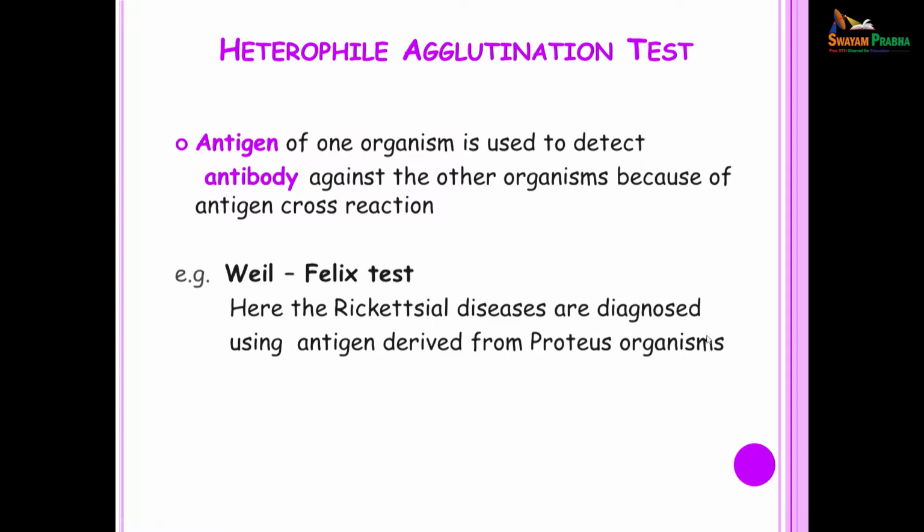In the Weil-Felix test, rickettsial diseases are diagnosed using antigen which has been derived from Proteus species. This is because the rickettsial antigens and the Proteus antigens are similar, and the antibodies which are produced against the rickettsial disease will react with the Proteus antigen.